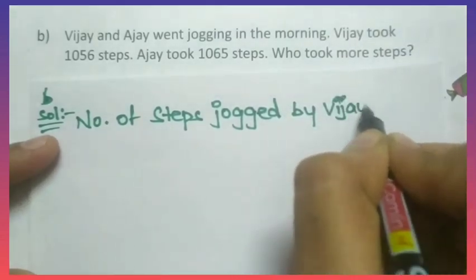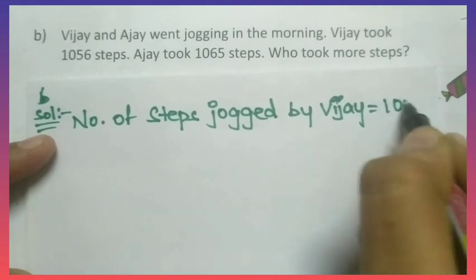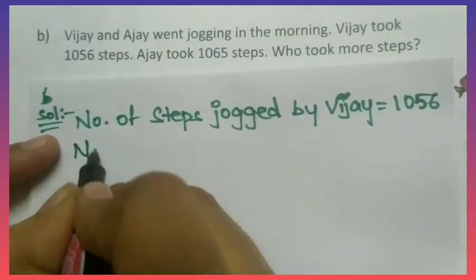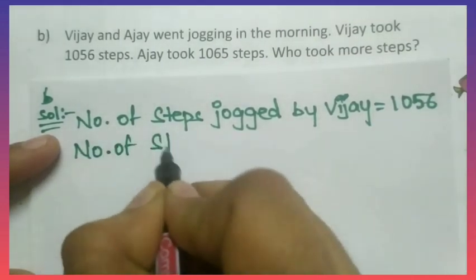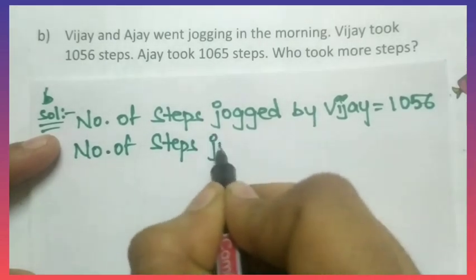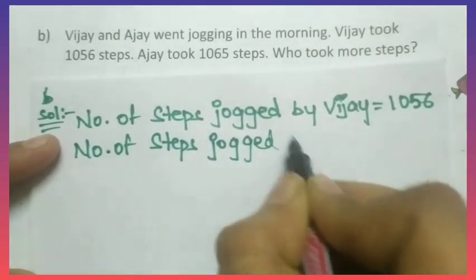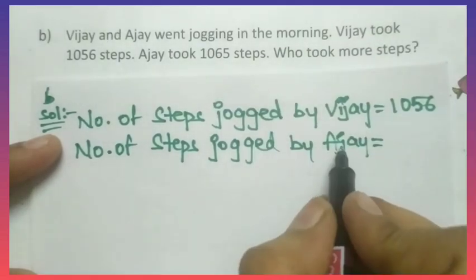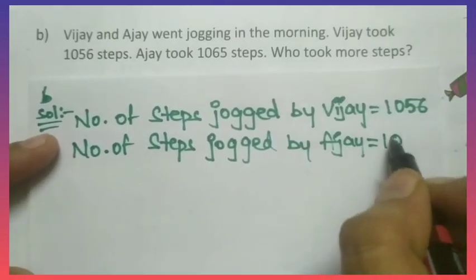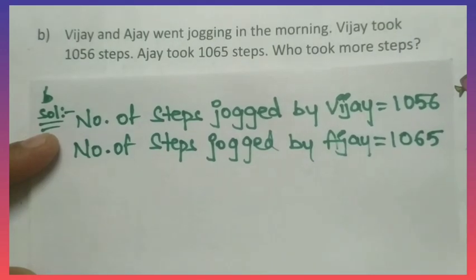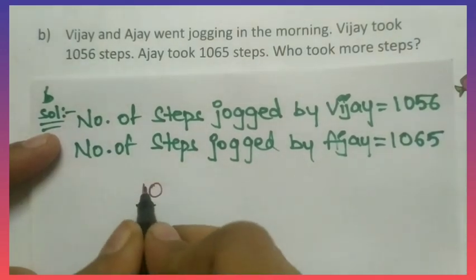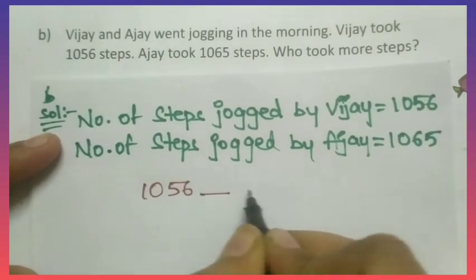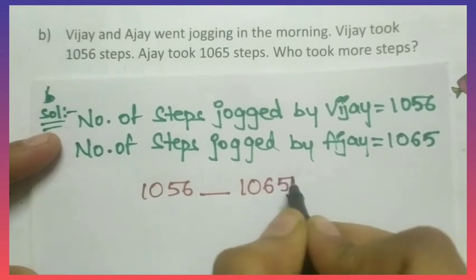How many steps did he take? 1056. Now number of steps jogged by Ajay. How many steps were taken by Ajay? 1065. Now compare these two, 1056 and 1065.